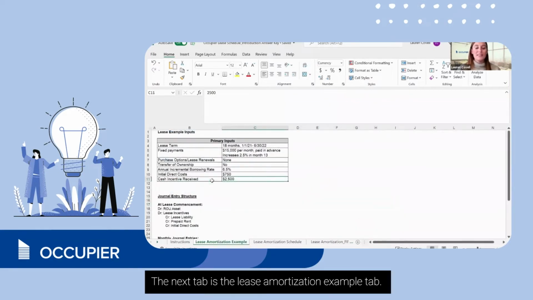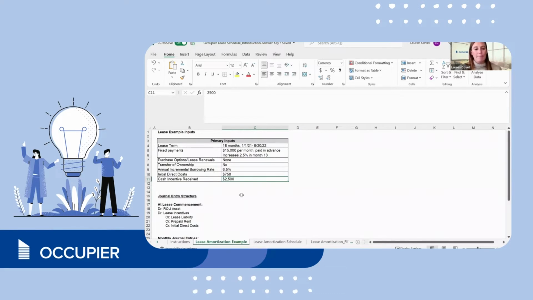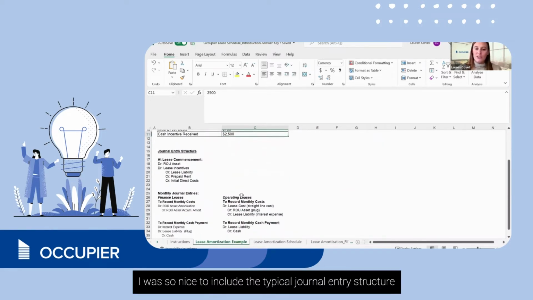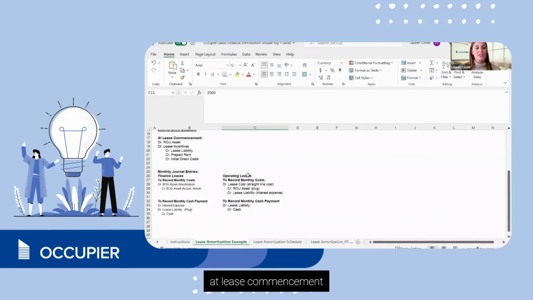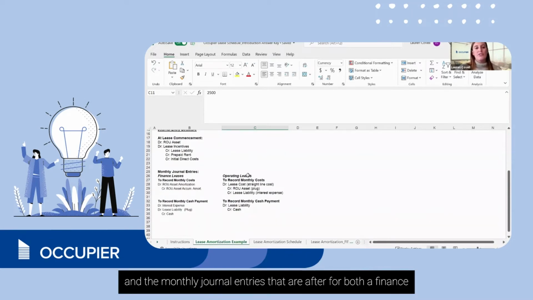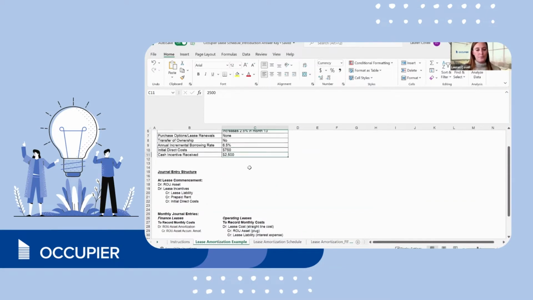The next tab is the Lease Amortization Example tab. This is the information that we use to create the lease amortization schedule. On the bottom here, I was so nice to include the typical journal entry structure at lease commencement and the monthly journal entries thereafter for both a finance and an operating lease.